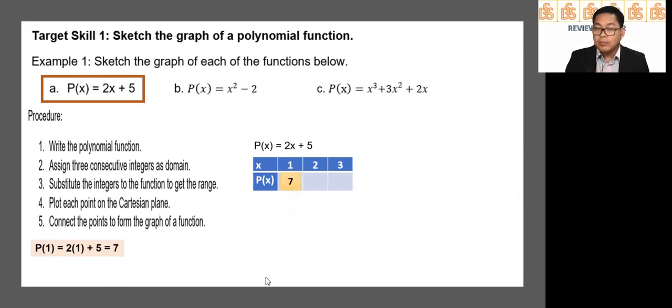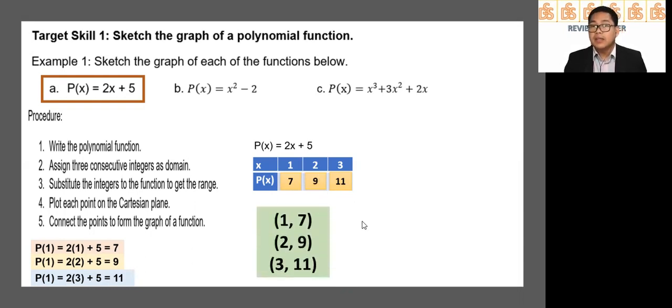If x is 1, the function is 7. Next, let's substitute 2. When we replace x by 2, we'll get 9. And when we replace x by 3, we'll get 11. So at this point, we now have 3 points: 1, 7; 2, 9; and 3, 11.